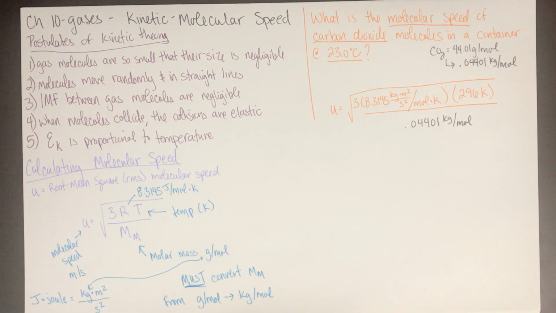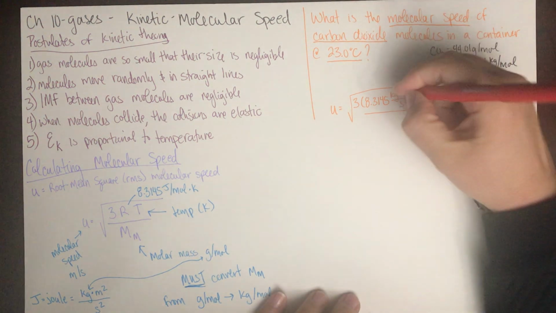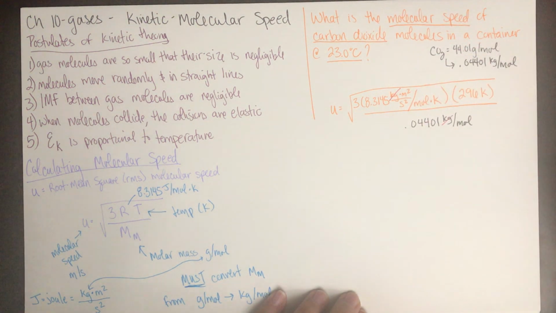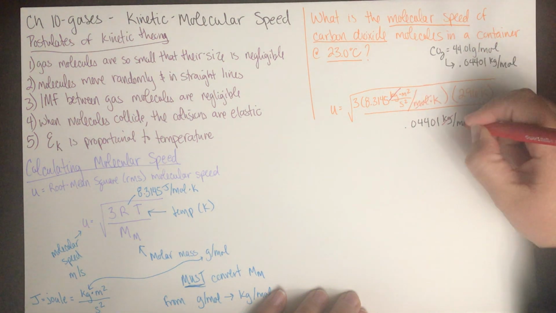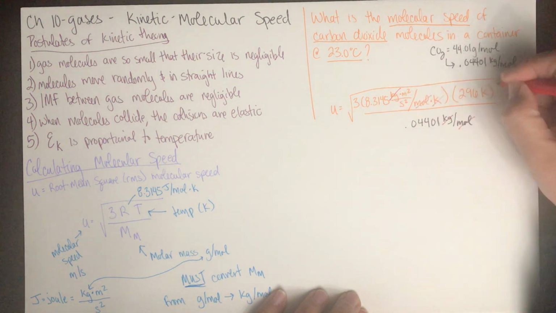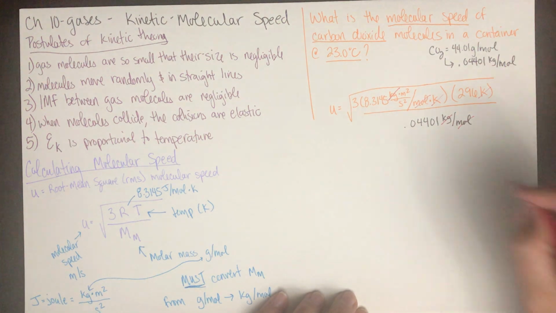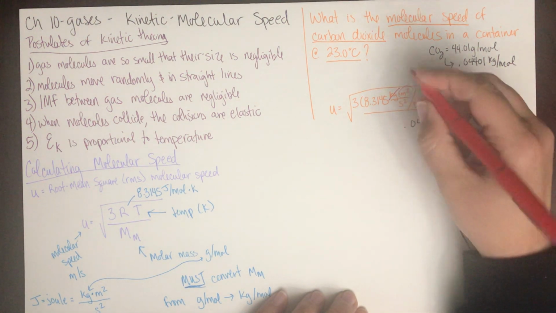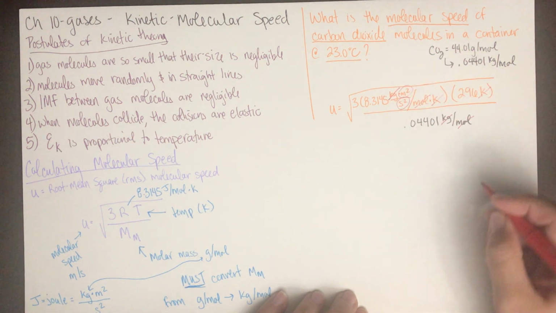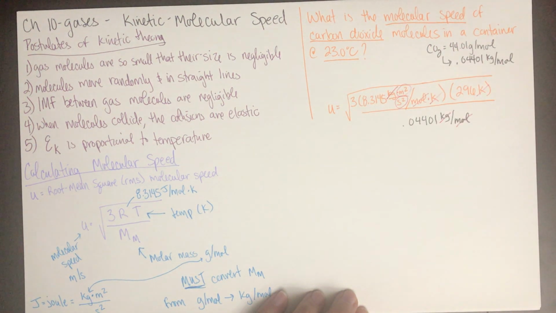So let's just look at what happens to the units before we do any math. Kilograms are going to cancel. Moles are going to cancel. Kelvin is going to cancel. What I'm going to be left with is meters squared over seconds squared, and I'm taking the square root of it.